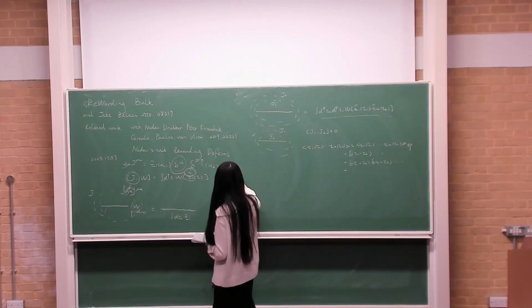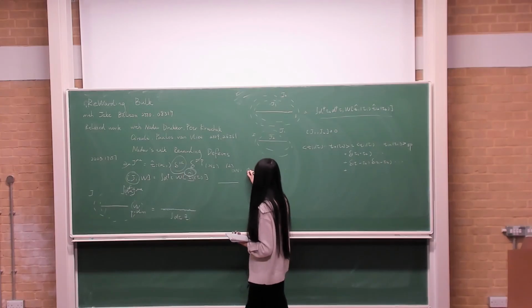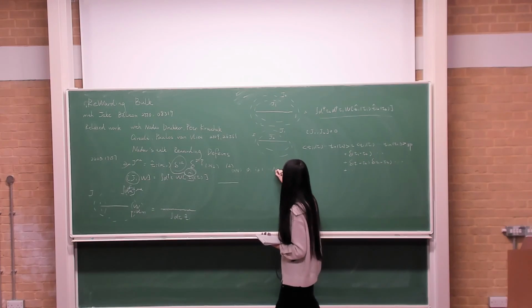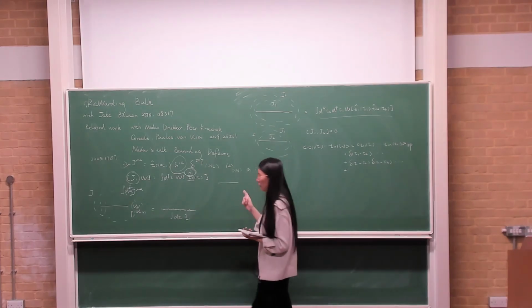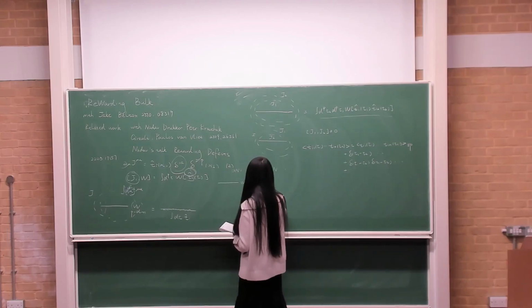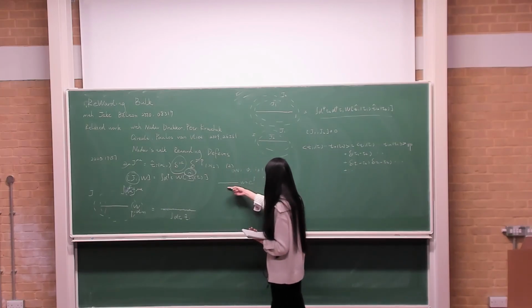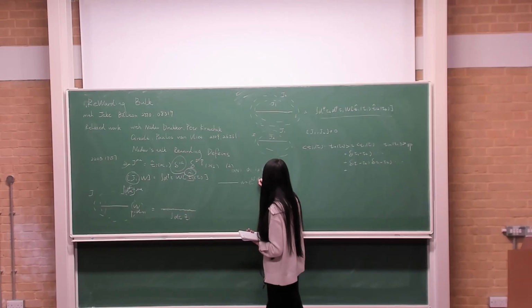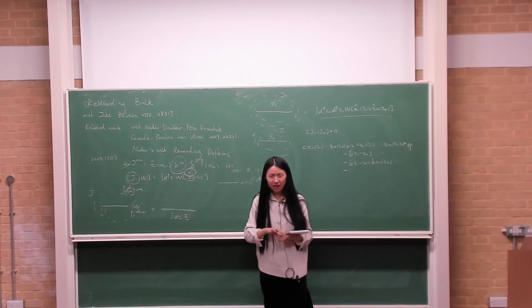So let's say in the O(N) model, I have N scalars phi I, from 1 to N. And now my defect is like a magnetic line. I have some coupling H. Can you write bigger? Yeah, sorry.